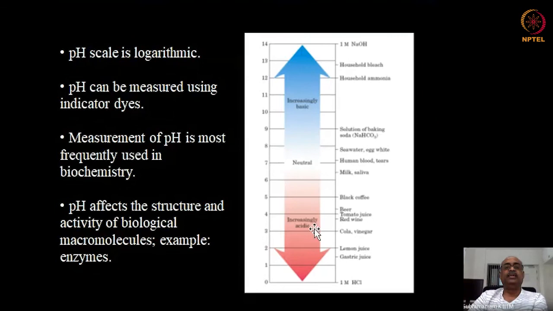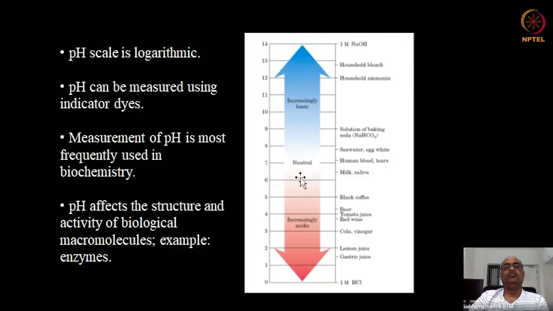So here you can see the different solutions that we use at home have a different range of pH. For example, stomach gastric juice, the juice produced in our stomach for digestion, has a very low pH, about 1.5. Lemon is a little bit less acidic. Vinegar, which is primarily acetic acid, and the phosphoric acid present in beverages like Coke or Pepsi that you drink, they are acidic, although weaker than gastric juice, and so on.